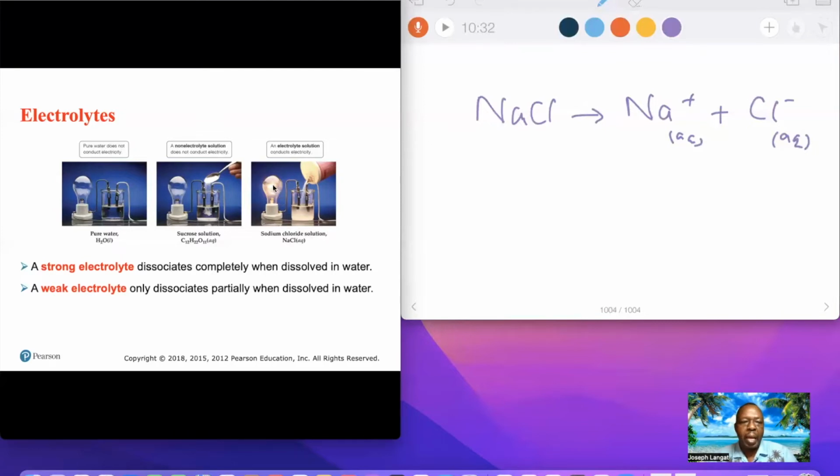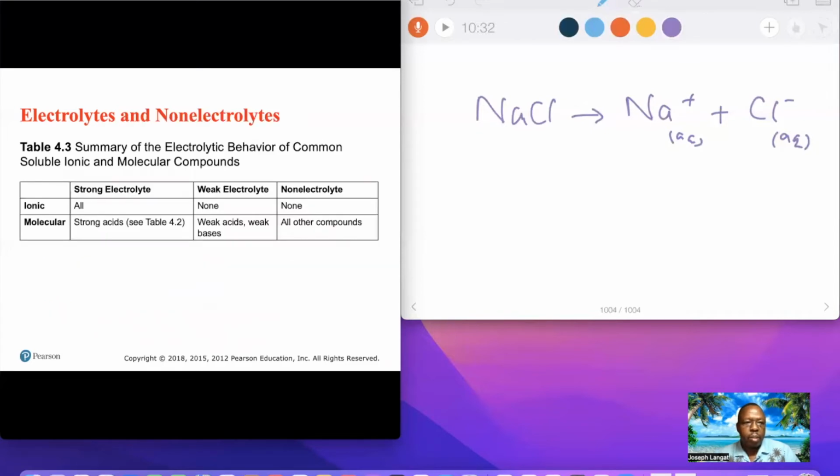It wouldn't be as bright as with a strong electrolyte. Non-electrolytes do not conduct electricity, for example sucrose, the sugar. Likewise, pure H2O is a non-electrolyte.